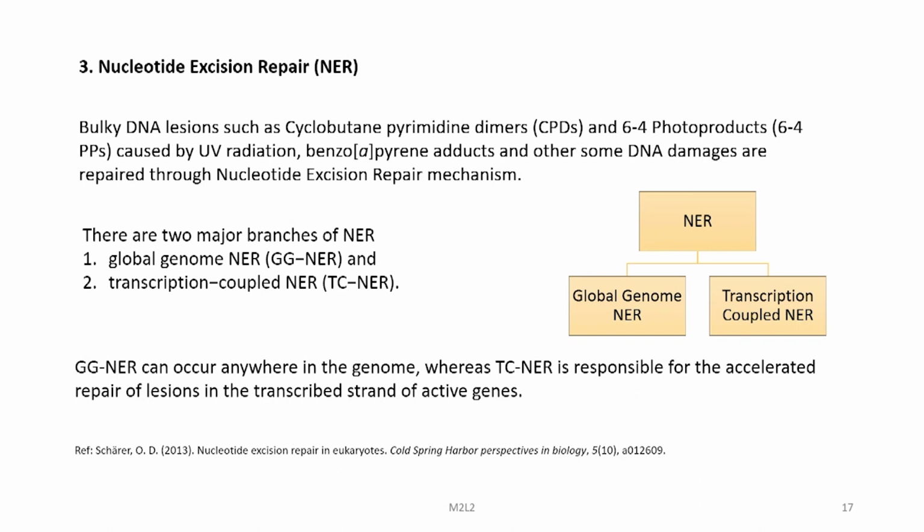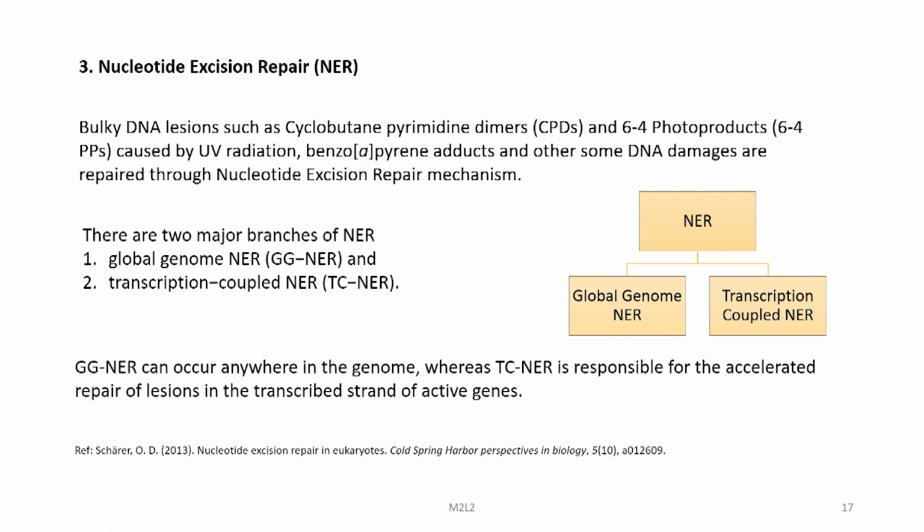The two major branches of NER are the global genome NER and the transcription coupled NER. Briefly they are known as GGNER and TCNER. We will discuss their mechanisms one by one.